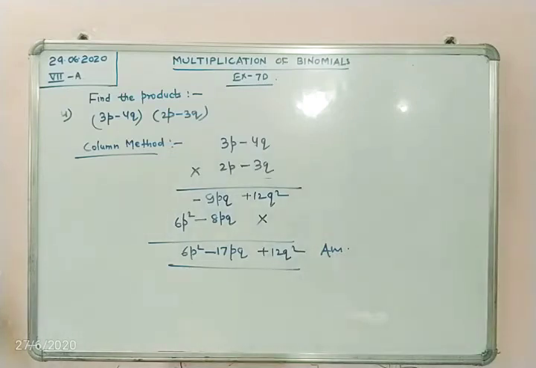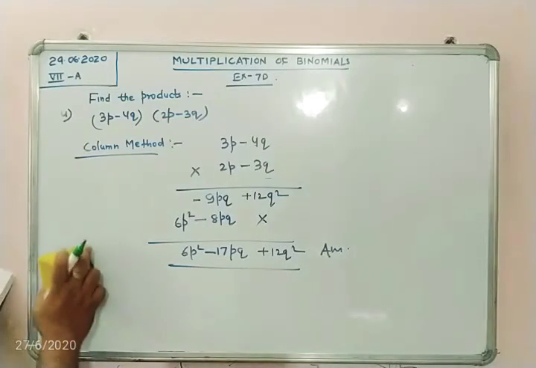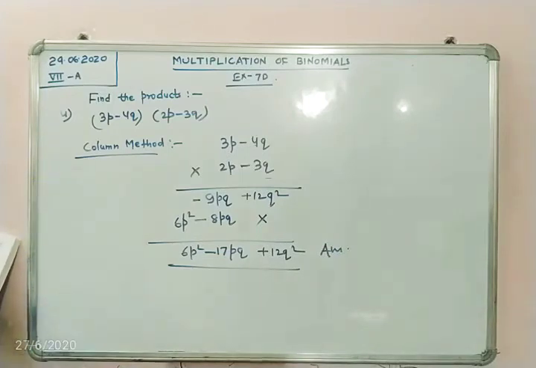And this method is known as the column method. Okay. Moving on to question number 6. I hope you have understood this one. Alright. So whichever method you have understood in the best possible way, you can go along with that.